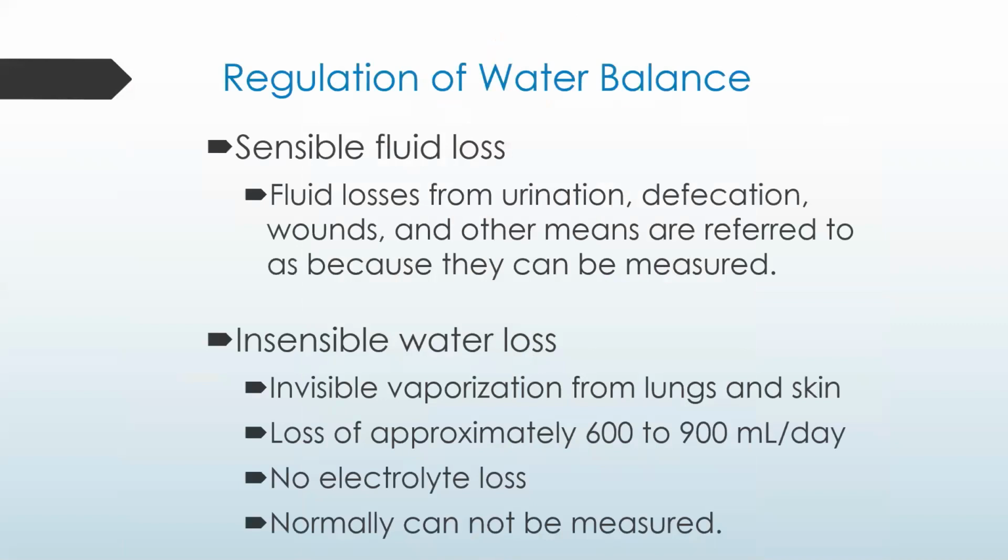Sensible fluid loss is fluid loss from urination, defecation, wound drainage, and other means. These can be measured. Insensible water loss is usually invisible vaporization from the lungs and the skin, a loss of about 600 to 900 mL per day, with no electrolyte loss, and it normally cannot be measured.